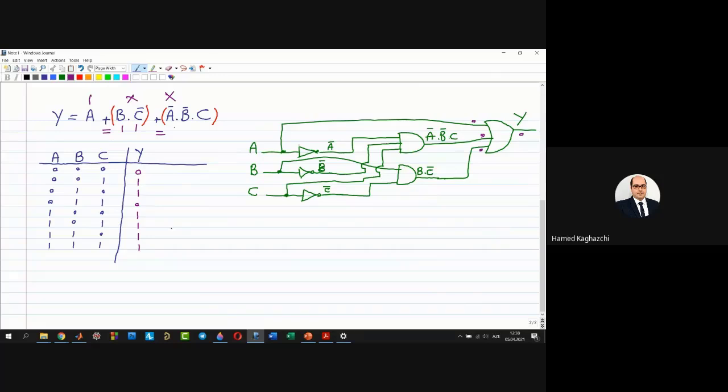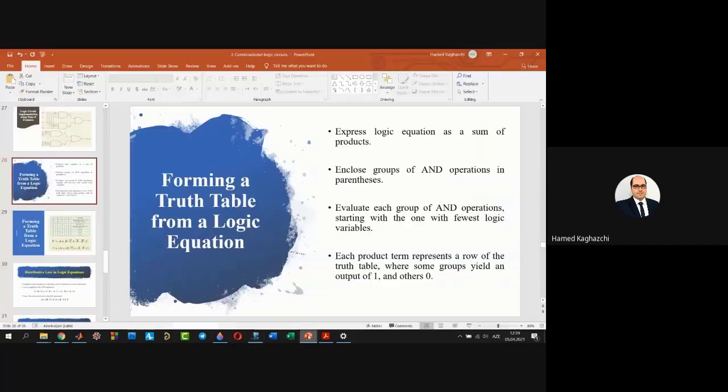That's it. I could find the output according to the equation, and also I can design the logic circuit, and according to the logic circuit I can also find the truth table of this equation and this circuit.